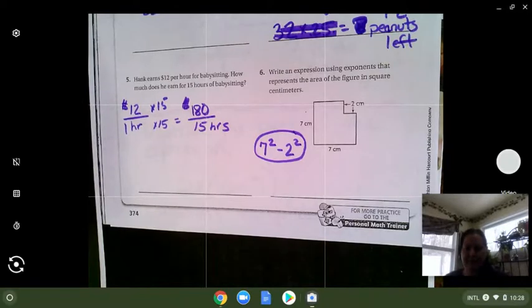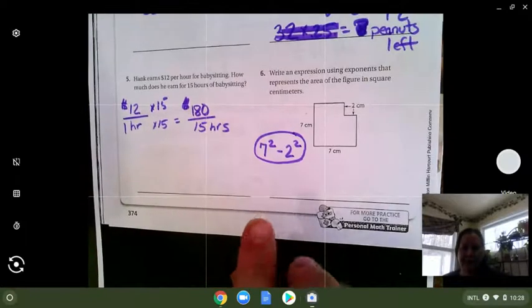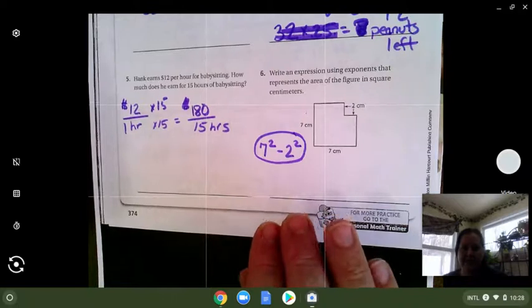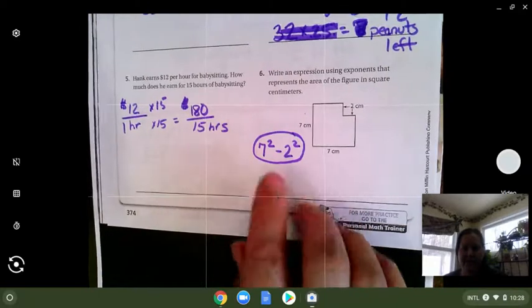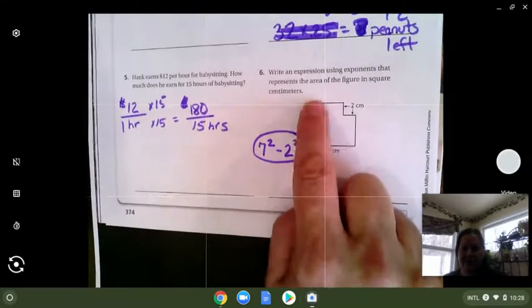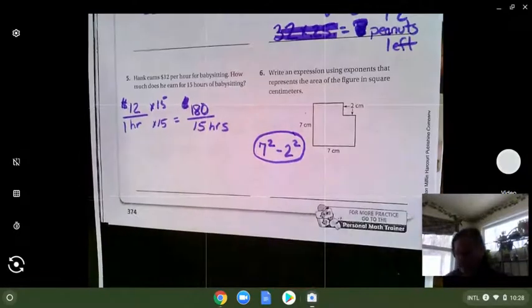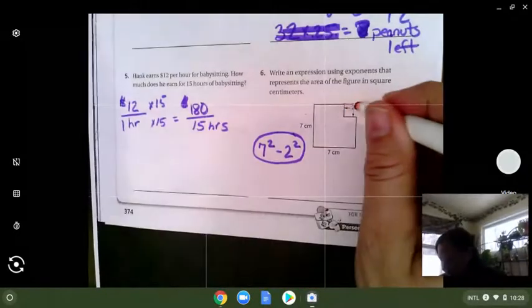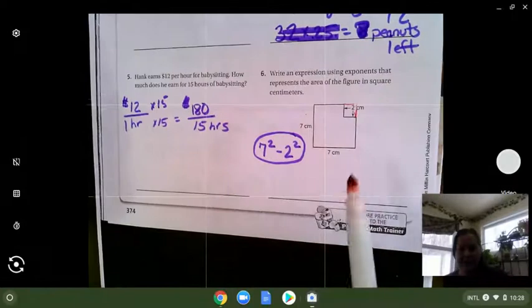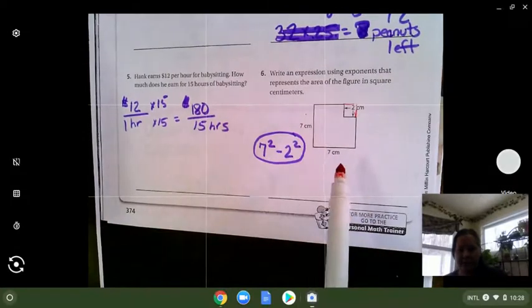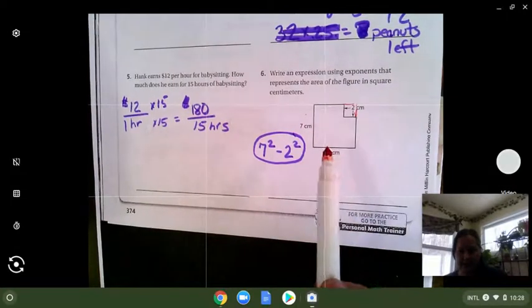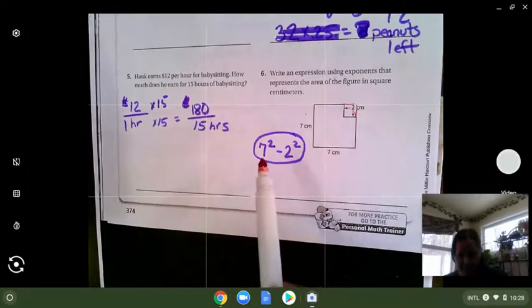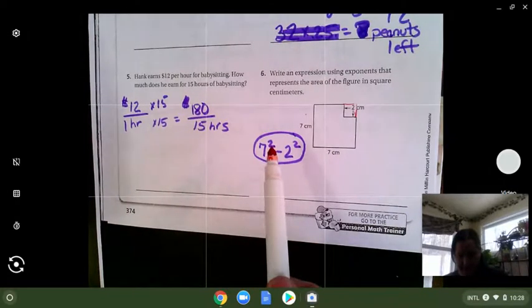All right, so then this one, we're going to write an expression using exponents that represent the area of the figure in centimeters. So if we had the whole entire box here with this little part that is taken out, if it was still on there, we would go 7 times 7 to get the area of that square. 7 times 7 can be represented using an exponent of 2.